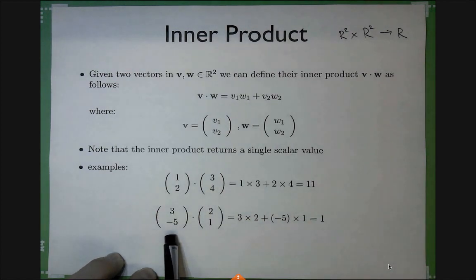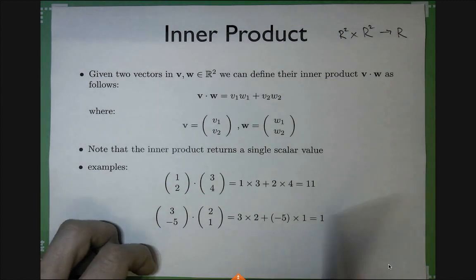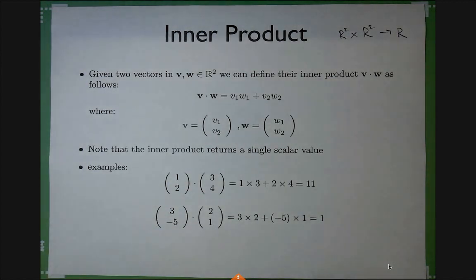If there are negative numbers or zeros, that should not confuse you. There could be whatever real numbers, if it's a real vector space. So 3 times 2 plus minus 5 times 1, that would be 1. And in some of the midterm exams, you might need to do some computations like this, but I hope that should not be a problem.